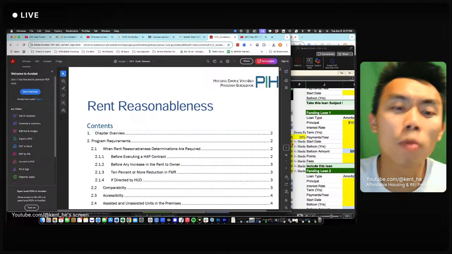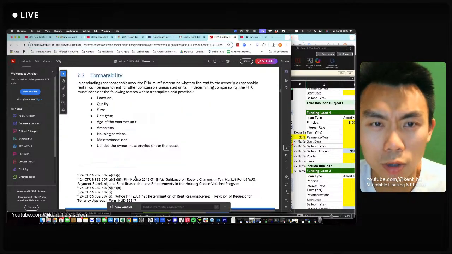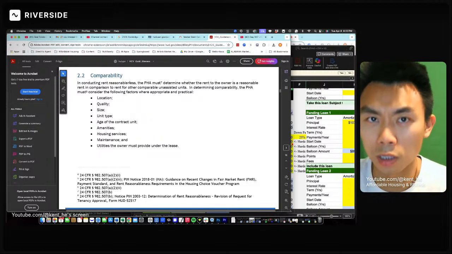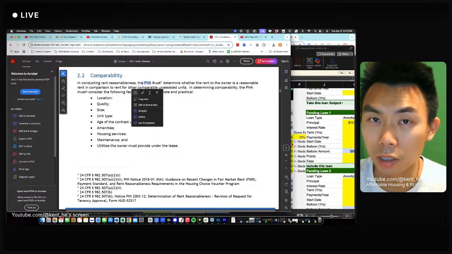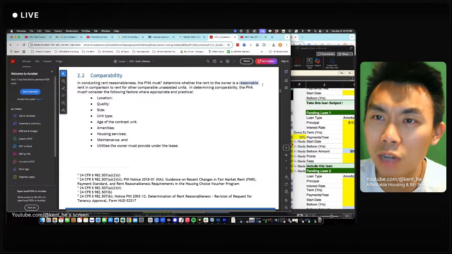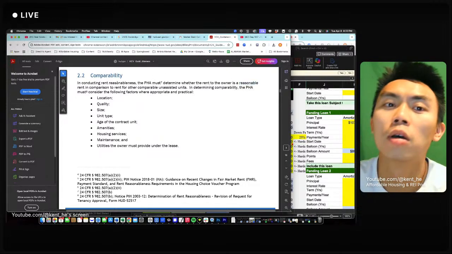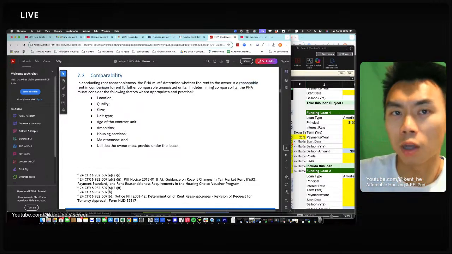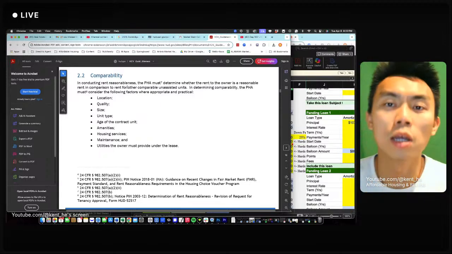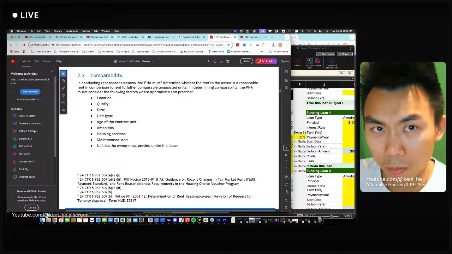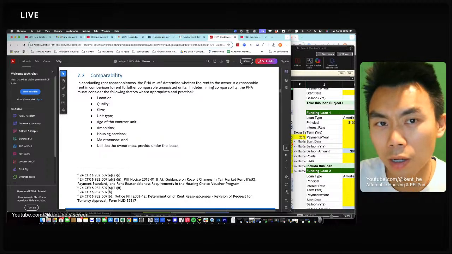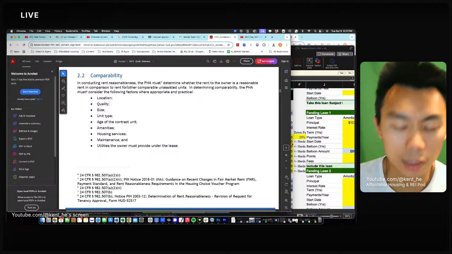When you go to this program guidebook and go to Section 2.2, you're going to see this line that says that in conducting rent reasonableness, the PHA, or Public Housing Authority, must determine whether the rent to the owner is a reasonable rent in comparison to rent for other comparable unassisted units. So this means that you can't charge more rent to someone simply because they are a voucher holder, right? Obviously the size and unit type matter, single family home versus an apartment matters, age of the unit, amenities, all that stuff matters.